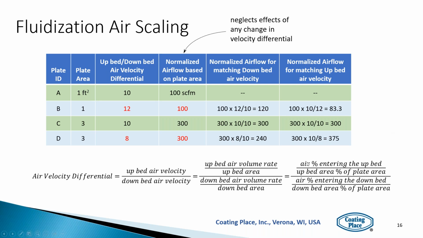In actual practice, the air partitioning will deviate a little from this due to friction factors going through holes and perhaps the pitch, or distance between holes, and that type of thing. But this offers a good estimate, and it works really well for comparative purposes from one plate to another.